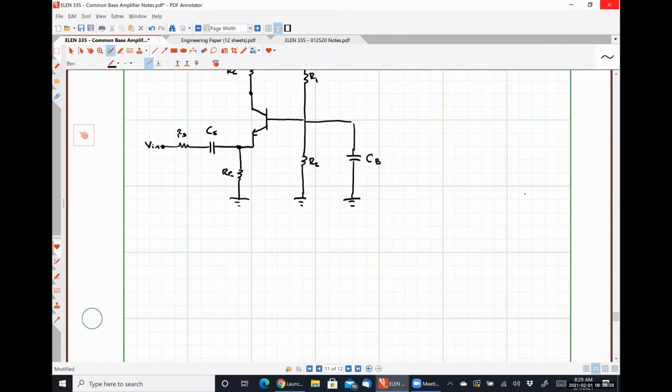To analyze this guy, we can use a simplified small signal model. So let's say, here's my power supply rail. Here's my resistor RC. Over here, I'm taking my output.